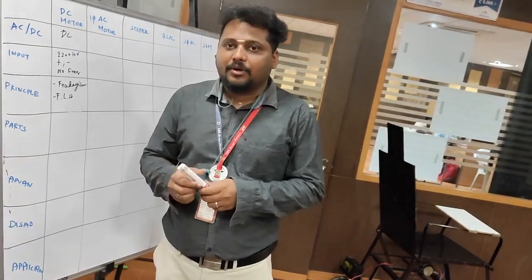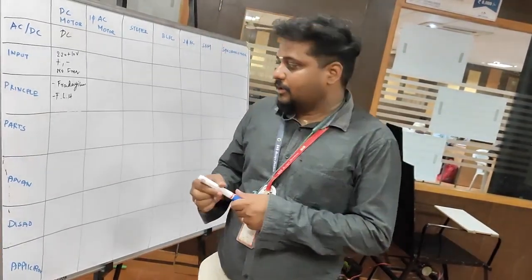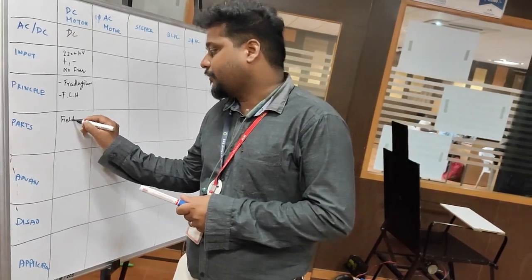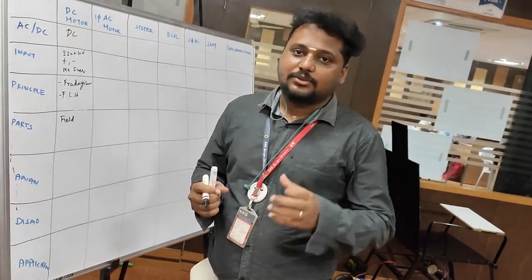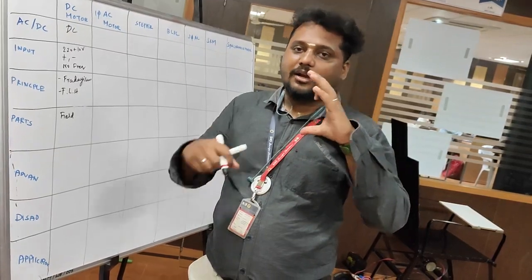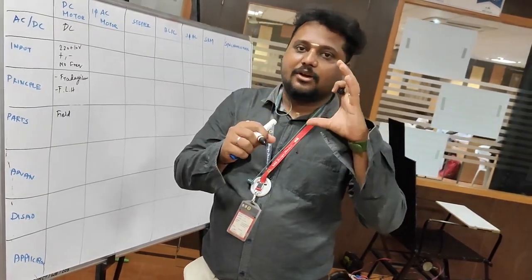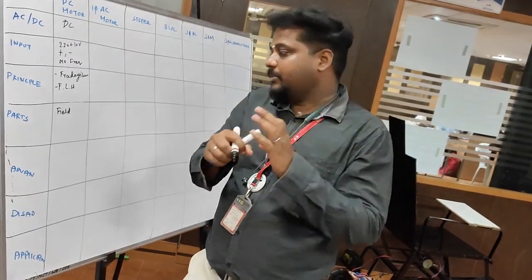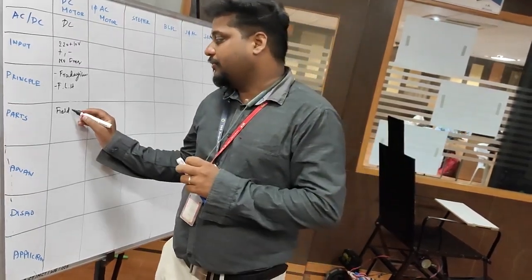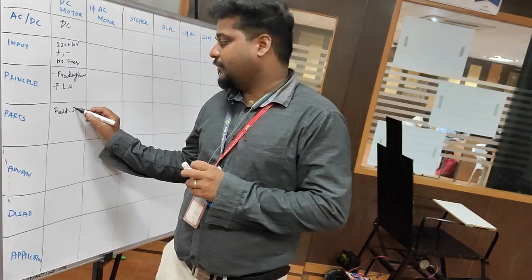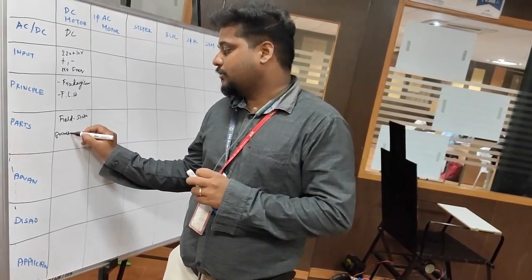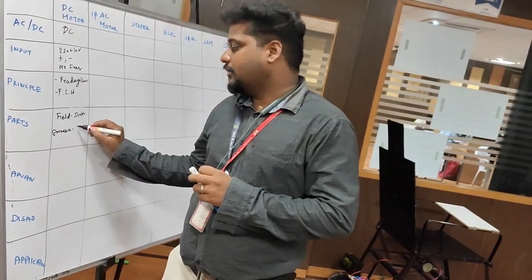And then the main parts of the motor. Basically a motor has two parts: one is the stator, another is the rotor. The stationary part is called the stator, the rotating part is called the rotor. In a DC motor, the field is the stator, and the armature is the rotor.